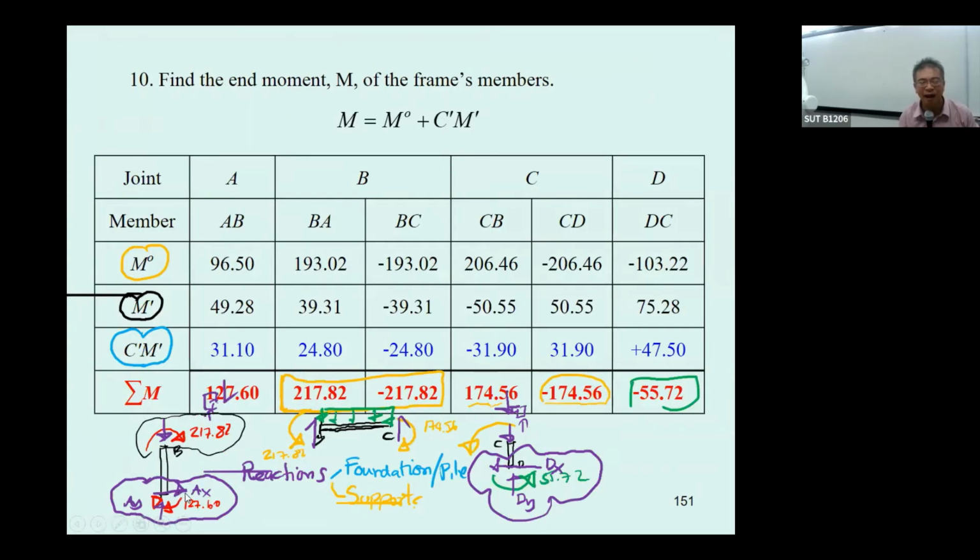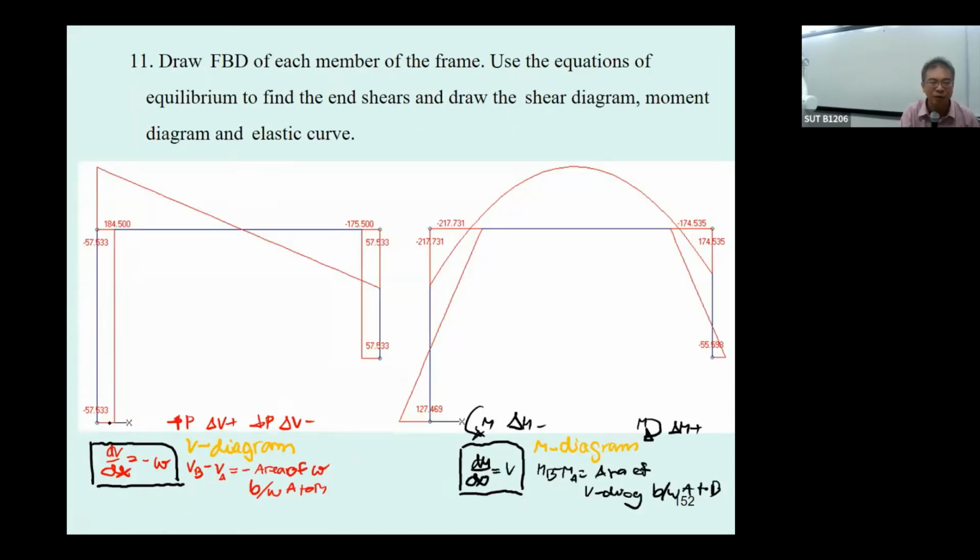Okay, so what we have is this one, the a sub x will be negative, like this one, 57.53. We know the value of this one, and then you got to say this is going to be dv by dx equal to 0, and provide me the sign of it.